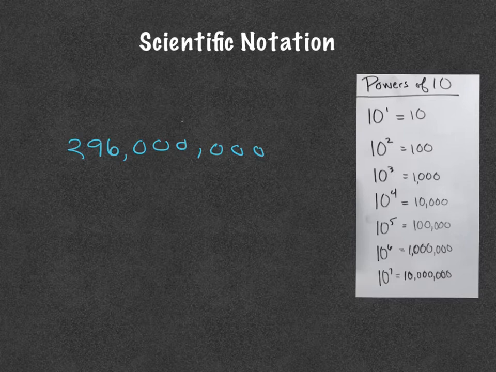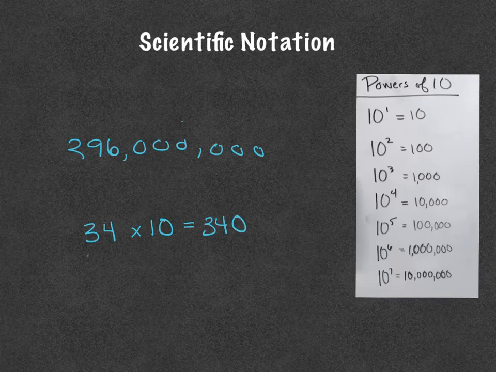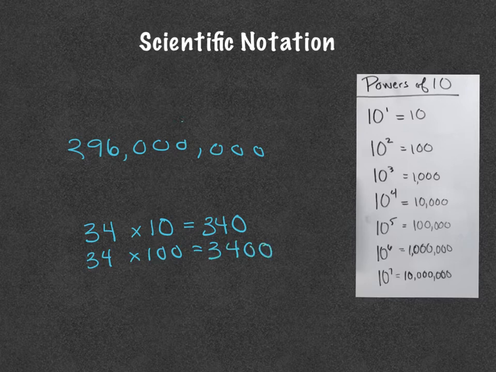So now we're going to pause with that for just a second. Let's not even go that big. Let's do 34. If I did 34 times 10, I would get 340. If I did 34 times 100, I would get 3,400.